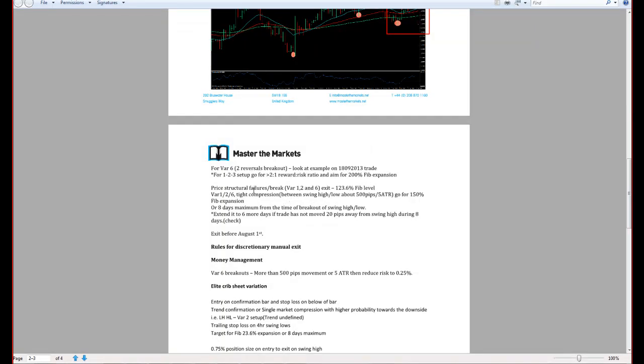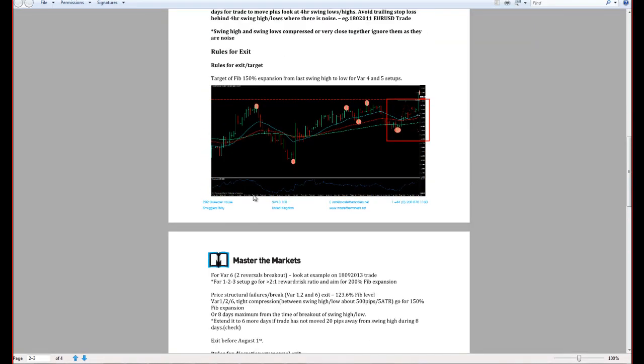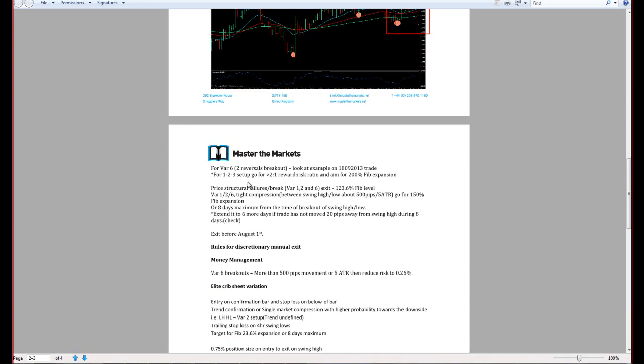You can see under the exit rules, for exit and target of 150% expansion from last swing high to swing low, that is for variation 4 and 5 setups. For price structure failures and break variation 1, 2 and 6, exit at the 123.6% fib level. You got that?